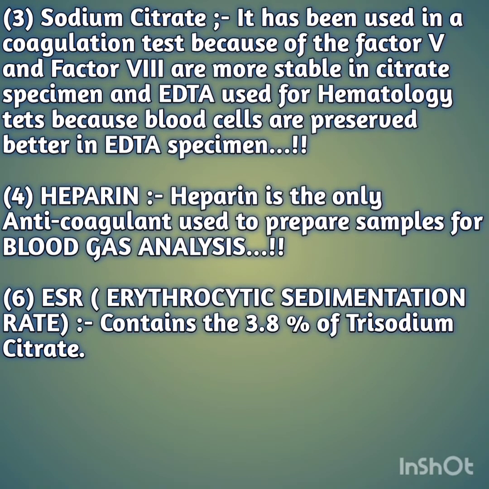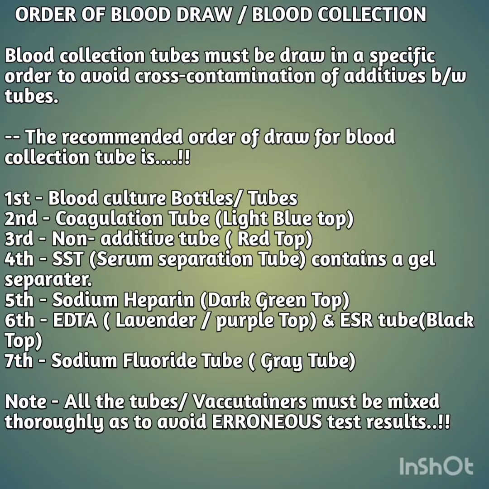So first we have learned the sequence order of blood draw. And if anyone cross-questions you about why we are collecting the sample in EDTA, why in sodium citrate, why in heparin, why in ESR, these are the clarifications you can give.